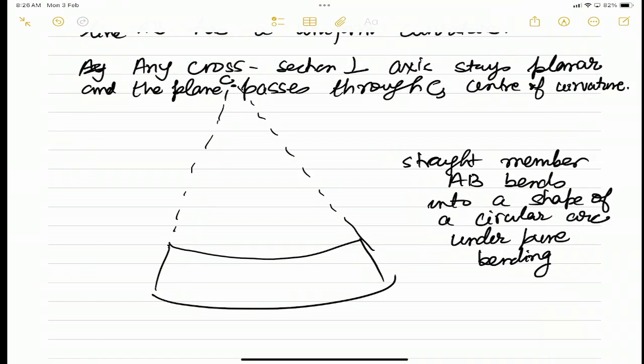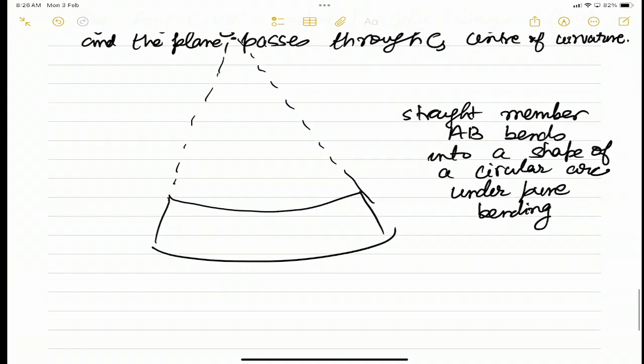And that's why we start all our discussions with pure bending, because then we can make this assumption of a uniform curvature and a circular arc.